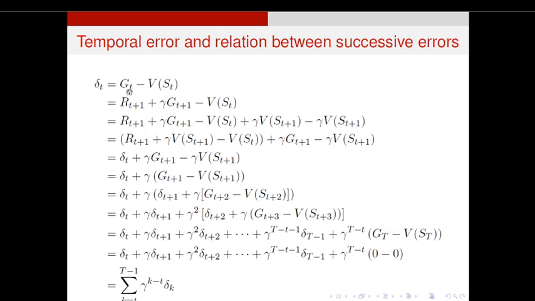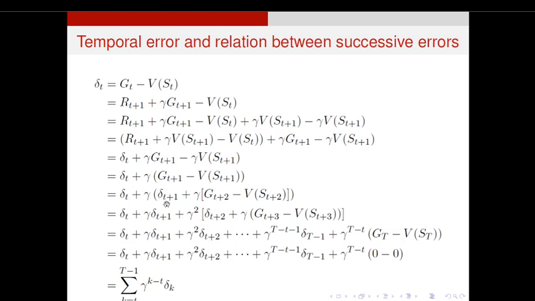Now look back: I started from G_t minus V of S_t, and I reached delta t plus gamma into (G_{t+1} minus V of S_{t+1}). So G_t minus V of S_t can be replaced by delta t plus gamma into (G_{t+1} minus V of S_{t+1}). I am using this expression recursively.